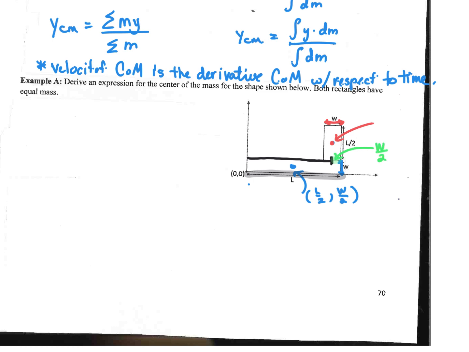And now let's see if we can figure out what the y coordinate is. If we look at the y coordinate, we can look at it the exact same way. We have all of W right here, and then we've got half of that. That'd be pretty easy to figure out.